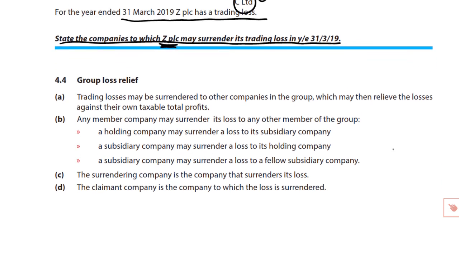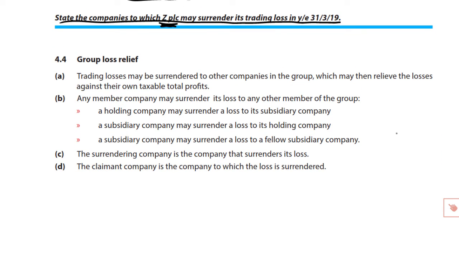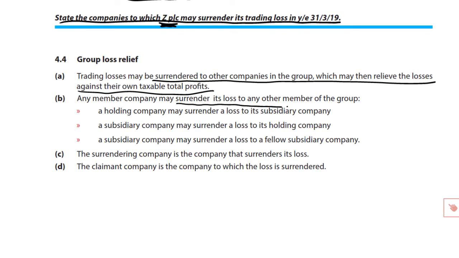In relation to the note, again, just reiterating what I said a moment ago, trading losses may be surrendered to other companies in the group, which may then relieve the losses against their own TTPs, their taxable total profits. Any member company may surrender its losses to any other member of the group. As we said, it can be holding company to sub. It can be subsidiary, surrendered to holding company.